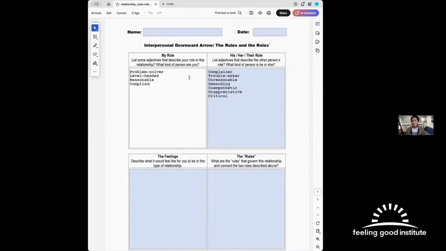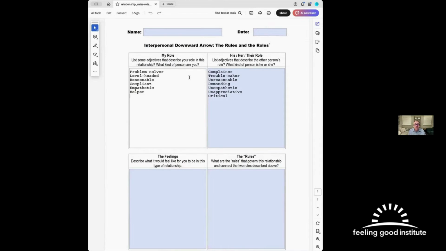Yeah. And I think I'm very empathetic, since I'm always trying to help her. Sure. Maybe helper would describe your role. Helper is a good one, right? Helper. Okay.